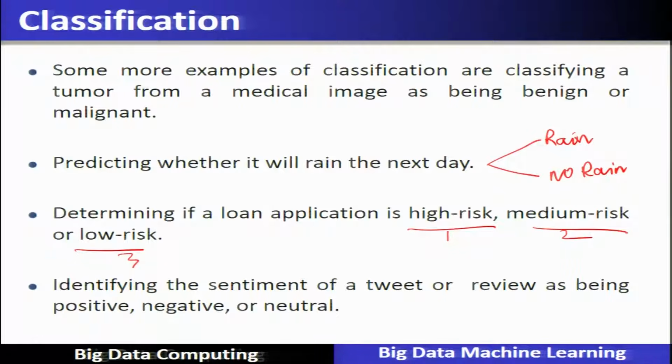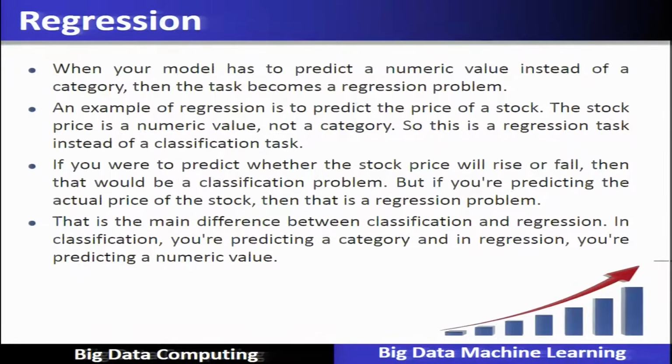Now, identifying the sentiment of a tweet or review as positive, negative or neutral is also a classification problem. Given a tweet, if we can identify whether the sentiment is positive, negative or neutral, this is again a classification problem of machine learning.